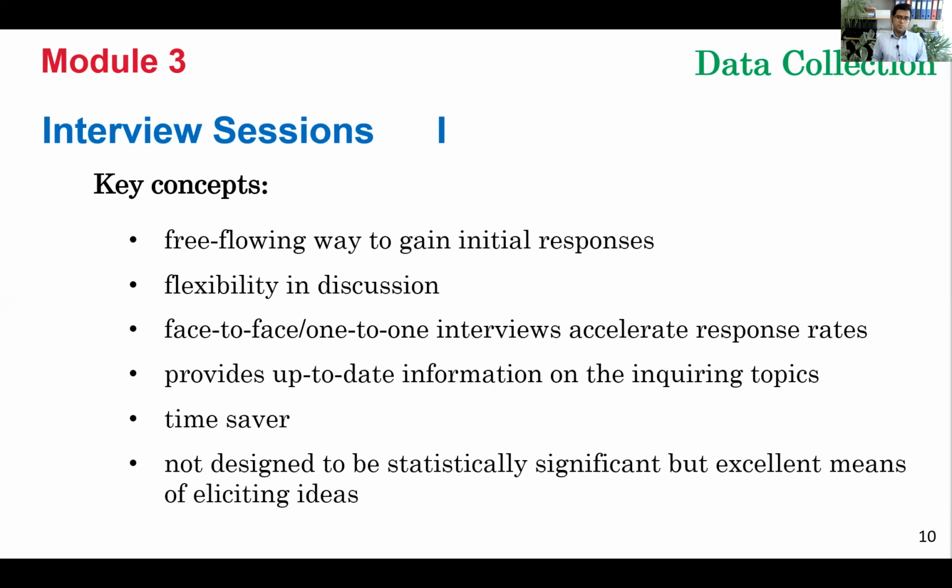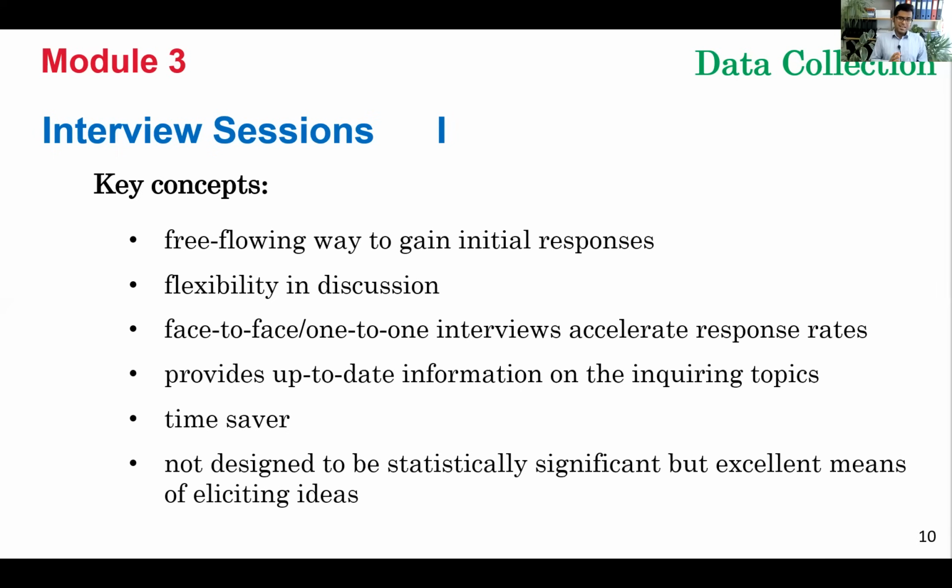Interviews can provide the most recent practical information on the investigating topic that is unavailable in other media of data collection. For example, if you are inquiring about the current corona situation in a specific region, then it would be wise to interview field experts working in that region.